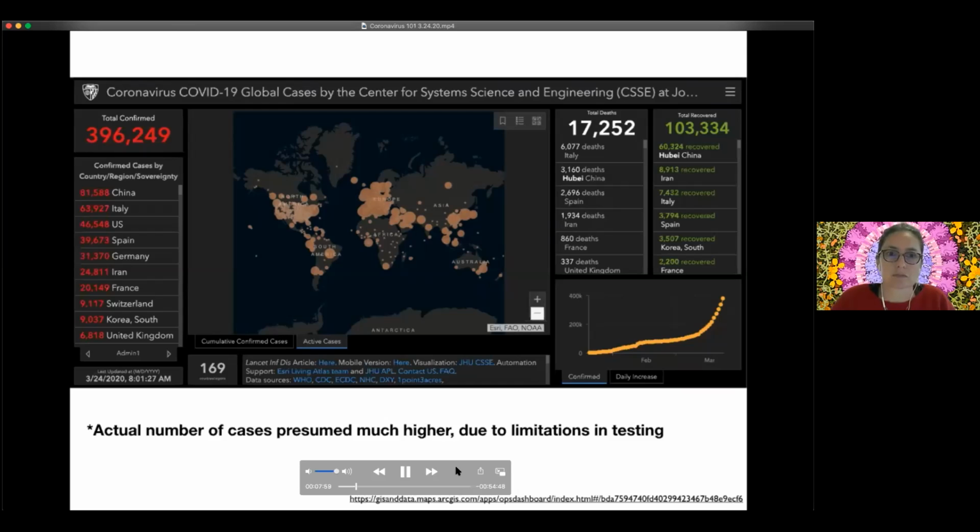These are just the confirmed cases through screening, but as we know, there are currently limitations in testing, so the actual number of presumed cases is thought to be much higher than this. I think as of today, we're over 1 million. Is that correct? I think it's over 1 million now. And as of this morning, March 24th, 2020, we were reaching over 17,000 deaths, 17,252 deaths worldwide.